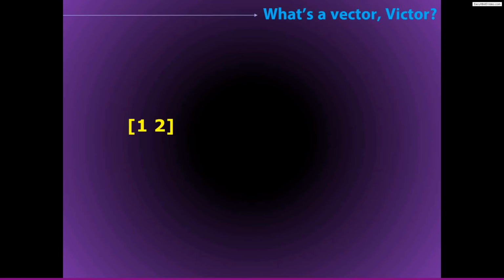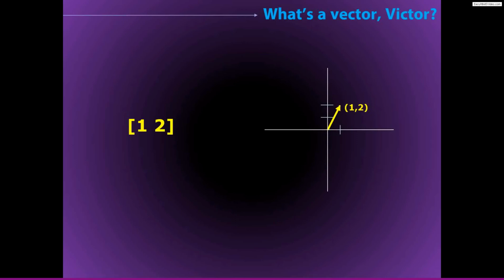Now, I'm sure you already know the geometric interpretation of a vector, and that is just a point in space given by the coordinates 1, 2. So we go over 1 and up 2, and this gives us our point. And now we push this a little bit further, and we think about this vector not just being a coordinate in space, but as being a line that's drawn from the origin to the point specified by those coordinates.